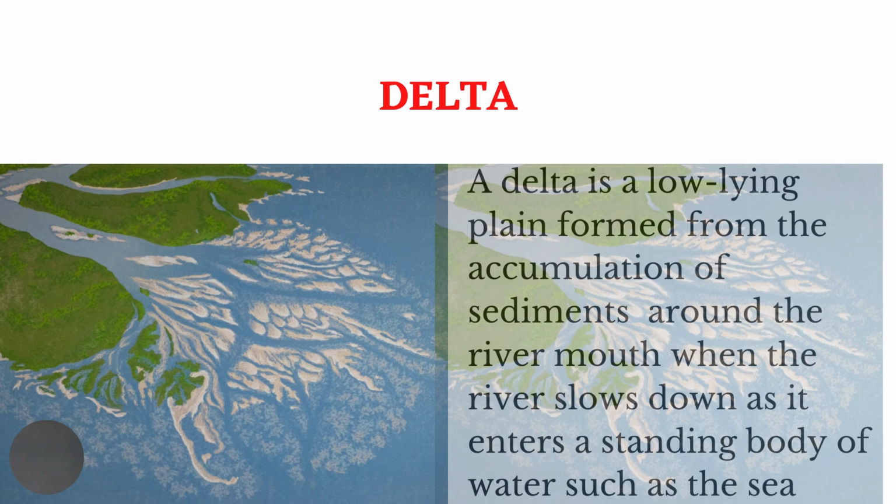Now, the final feature we will look at is the delta. A delta is a low-lying plain formed from the accumulation of sediments around the river mouth when the river slows down as it enters a standing body of water, such as a lake or more commonly the sea.